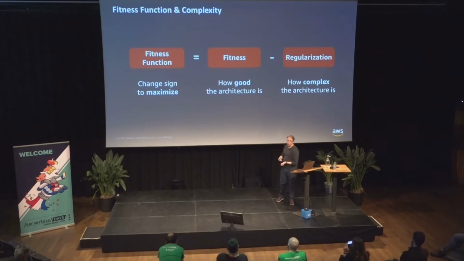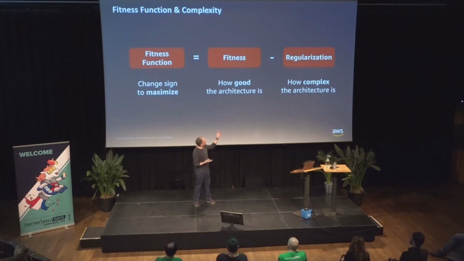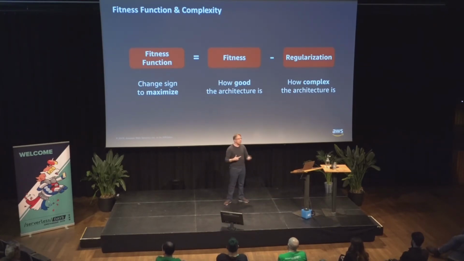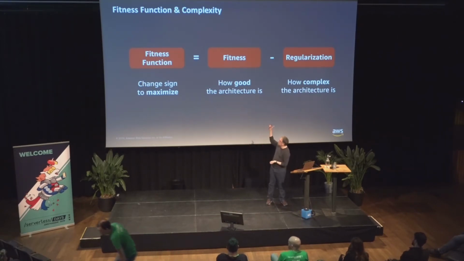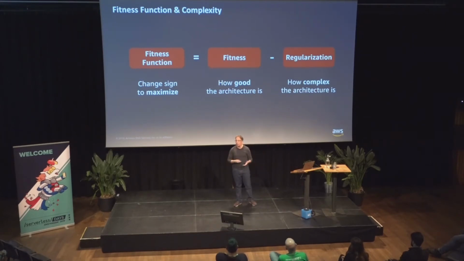But to do so, we don't want to create a super complex architecture to solve simple problems. So we can also add a regularization term. Every time I add a new microservice or a new database of some sort, I should add a regularization term that says, OK, if I add this, it really needs to improve the fitness of my application. Otherwise, it doesn't make sense to add complexity to my architecture.